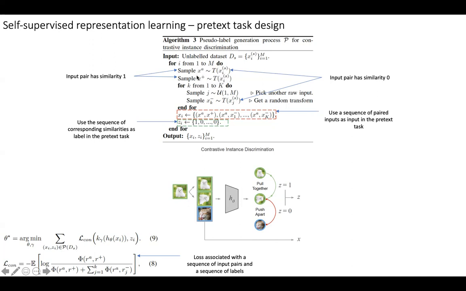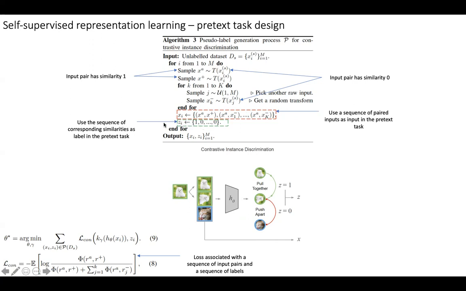For these two images, since they are from the same distribution, they should have the pair label 1. We also sample K images from some other distributions, and since they are not from the same distribution as this anchor image, for all these other pairs we give them the pair label 0.